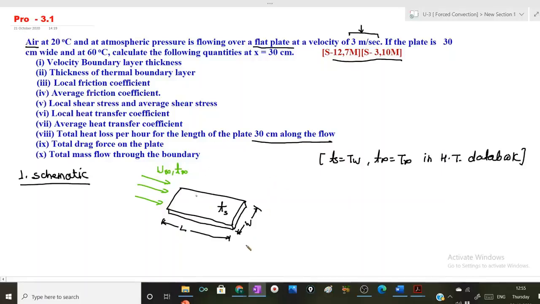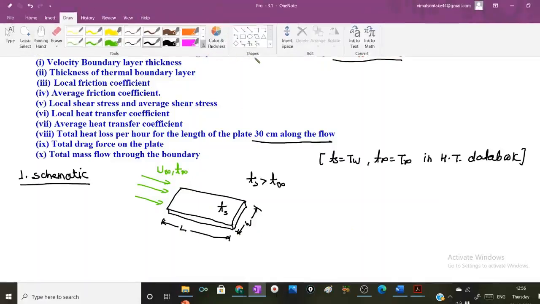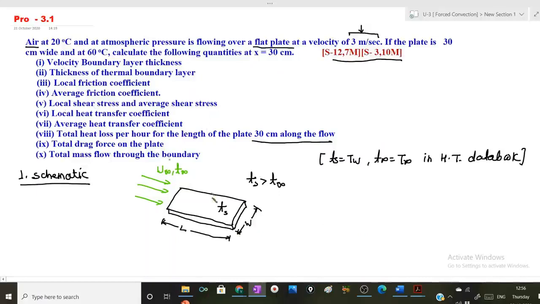So this way the flow is taking place, and from the problem statement I can clearly sum up Ts is greater than T infinity. So what will happen because of this temperature difference? Heat transfer will take place from surface to the fluid.